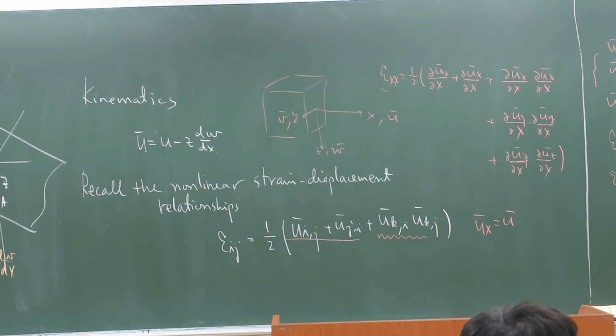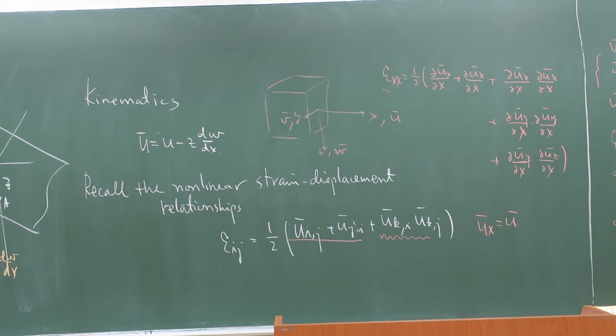Okay, and epsilon z, the vertical strain, is partial w bar partial z plus half partial w bar partial z squared plus partial u bar partial z squared plus half partial v bar partial z squared. So this is y. Okay.